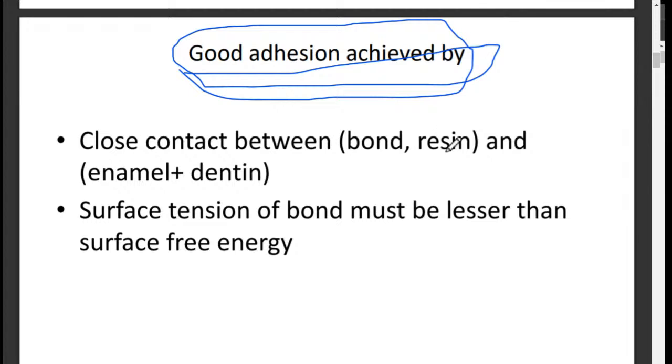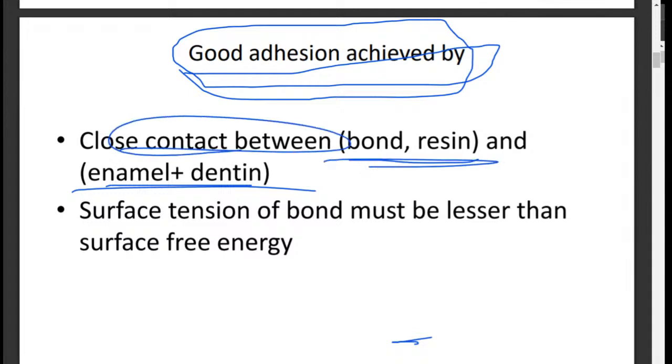To make a good adhesion, we need a good contact between the bond resin and the enamel dentin, here and here.